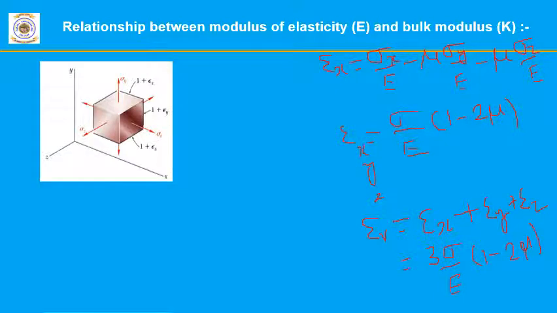By the definition of bulk modulus, we know K is equal to direct stress divided by volumetric strain.